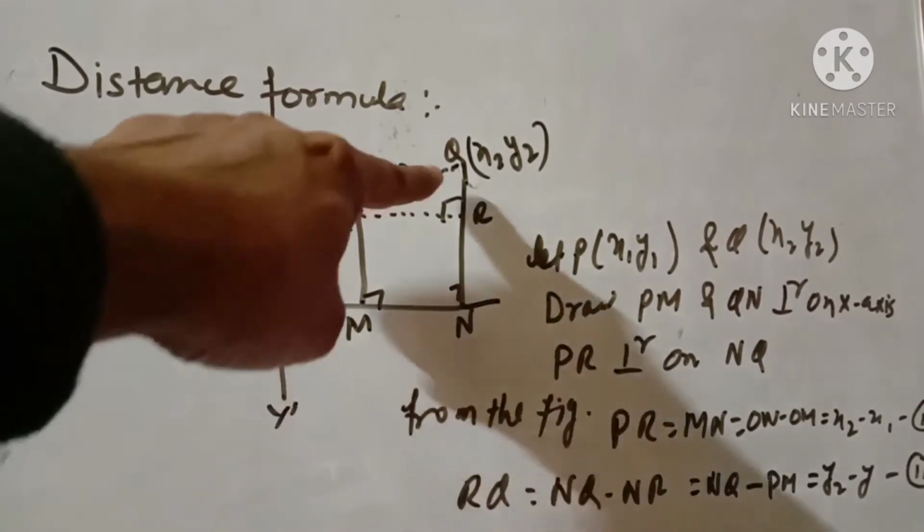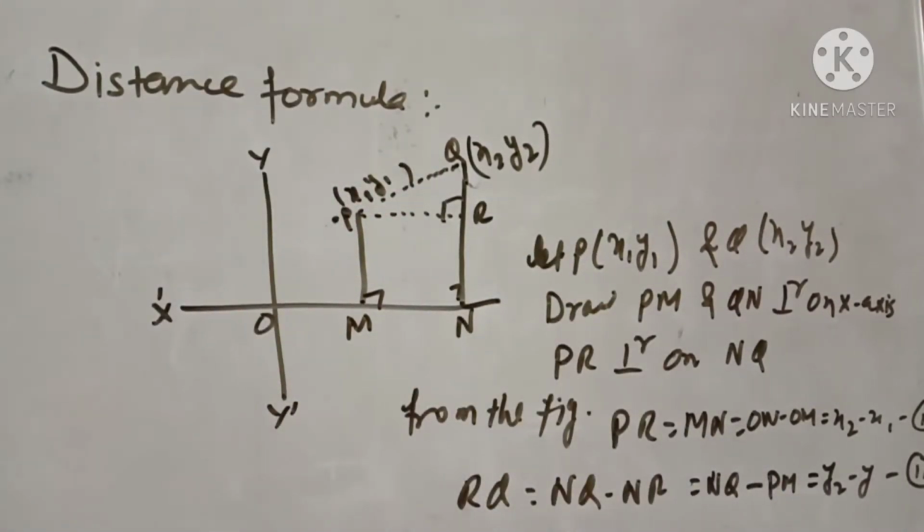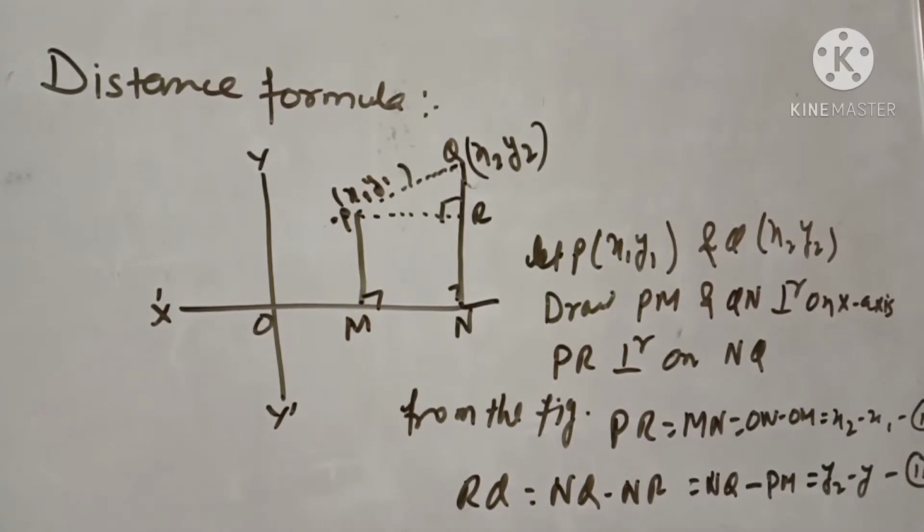Now we can easily find out PQ. PQ is your hypotenuse. By Pythagoras theorem, in triangle PRQ, PQ square equals PR square plus RQ square.